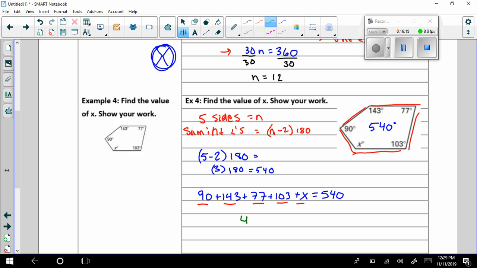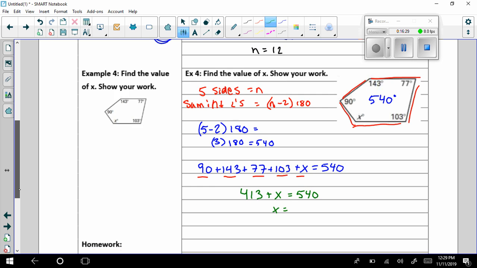So combining like terms, I have 413 plus x equals 540. So subtract 413 on both sides, and x equals 127 degrees.